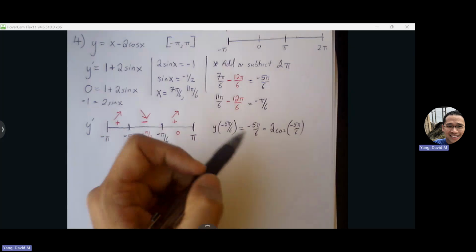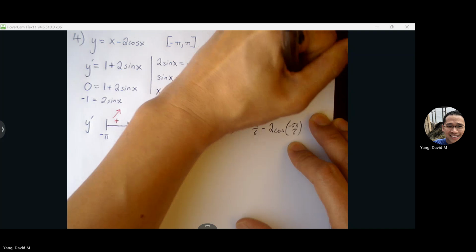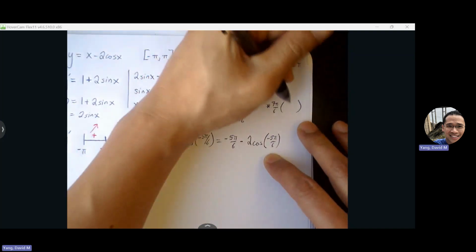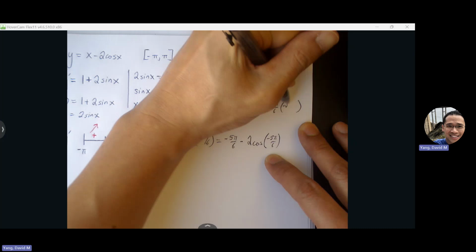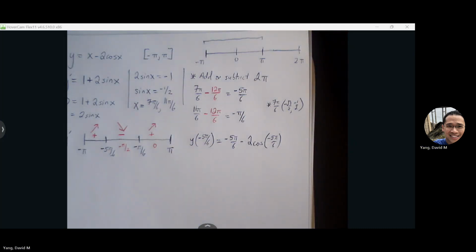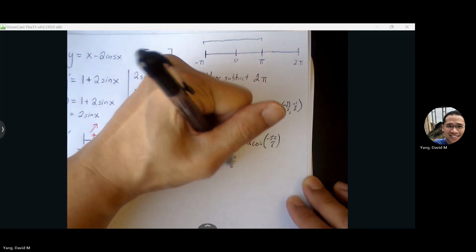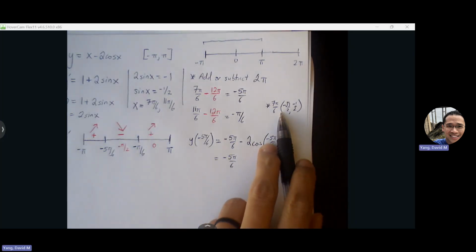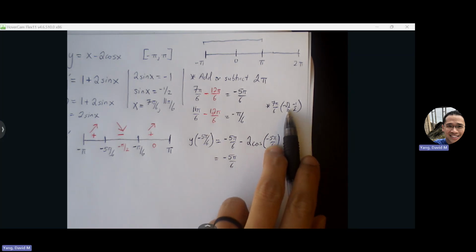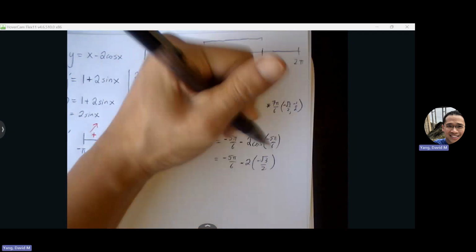Again, we know that negative 5 pi over 6, we'll treat it like 7 pi over 6. And we think about our unit circle value, 7 pi over 6. Our ordered pair is negative root 3 over 2, negative 1/2. Cosine of 7 pi over 6 would be negative root 3 over 2, multiplied by negative 2 there, so minus 2 times negative root 3 over 2.